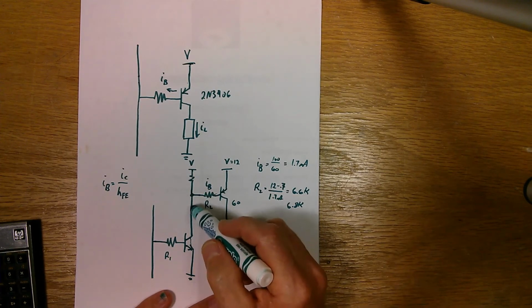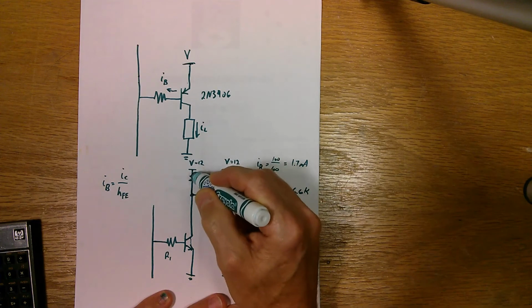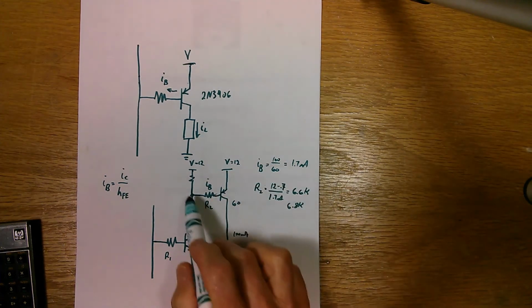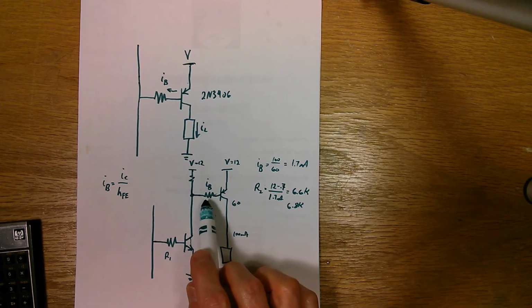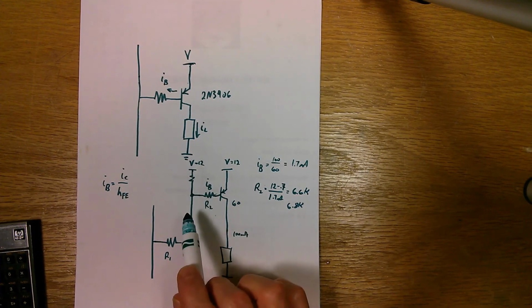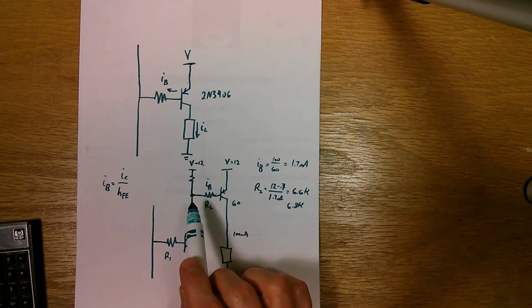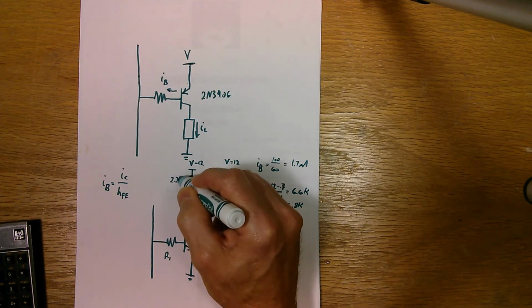And this one is connected to the 12 volts as well. I don't want a huge amount of current flowing in here. It's kind of a waste of current, but I want to make sure that this resistor is small enough to swamp this one here and draw the current out of there. So I could make this say 2.2K, just for figure here.